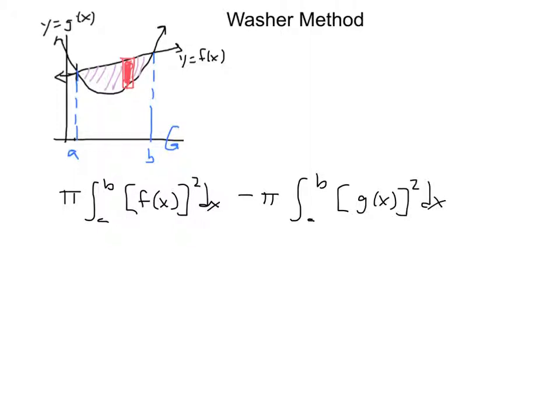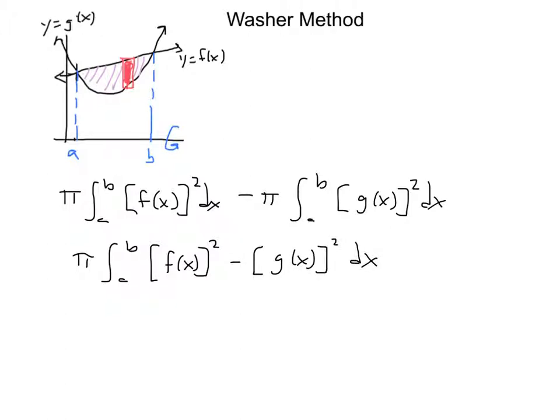And now, by properties of integrals, this can be written as pi times the integral from a to b of f of x squared minus g of x squared dx. And this is what's often called the washer method.